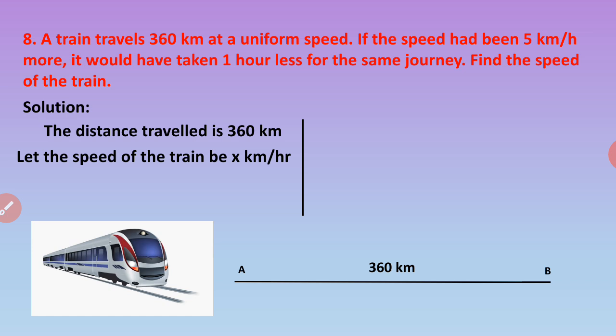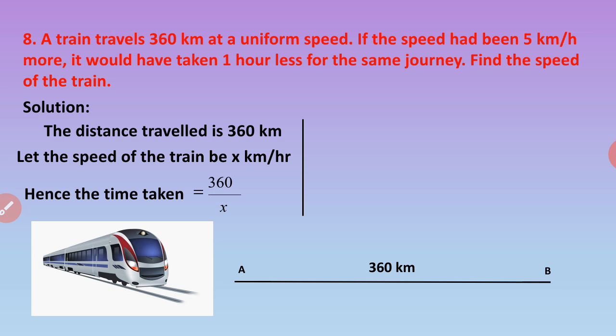Now you know the distance, you know the speed, so you can easily calculate the time. The time will be distance upon speed, that is 360 upon x. Now children, this is the original time taken. Original speed is x, original time is 360 upon x.